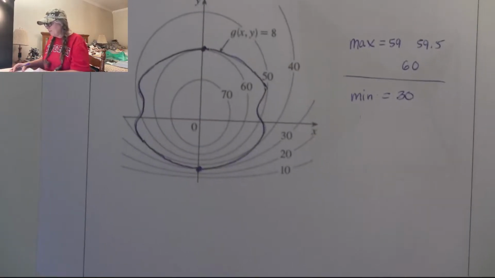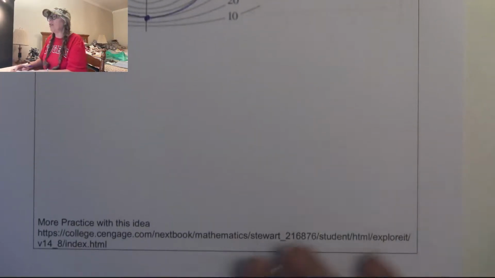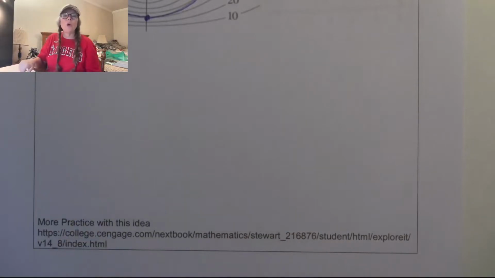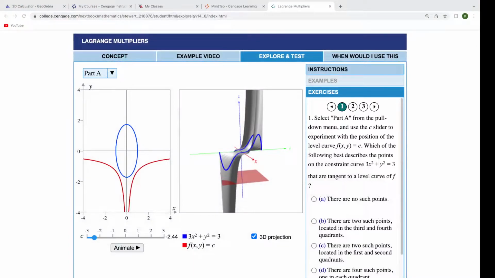Okay. And then I have down here something so that we can go and look. I'm going to change the screen here to my MacBook screen. And now we are looking at this situation. It has both a 3D projection and also a level curve. What we have is our constraint, which is there in blue.